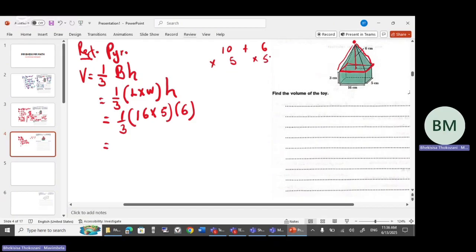You should know this by now. 5 times 0 is 0. 5 times 1 is 5, which gives you 50. Now, 5 times 6 is going to give us 30. If you add both of that, you get your 80, guys. So we can see now we have 1/3 multiplied by 80. And I'm still multiplying by the 6 outside.